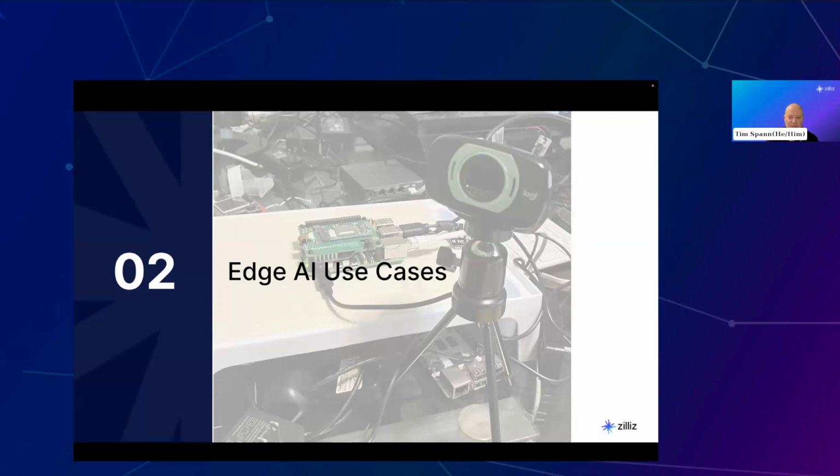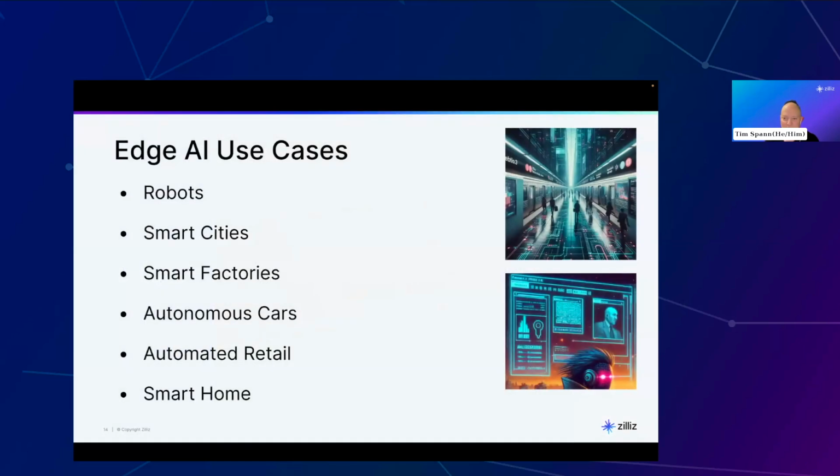This is some of the devices on my desk there. There's a lot of them, but Edge AI is just going to keep expanding because as we push automated systems, robots, people enable smarter cities so things will just work.